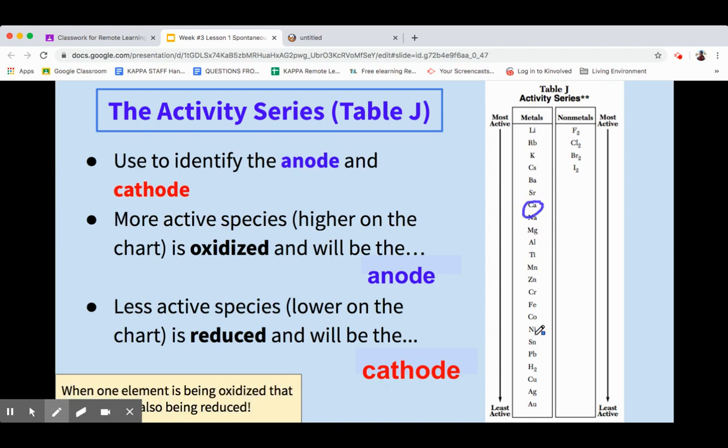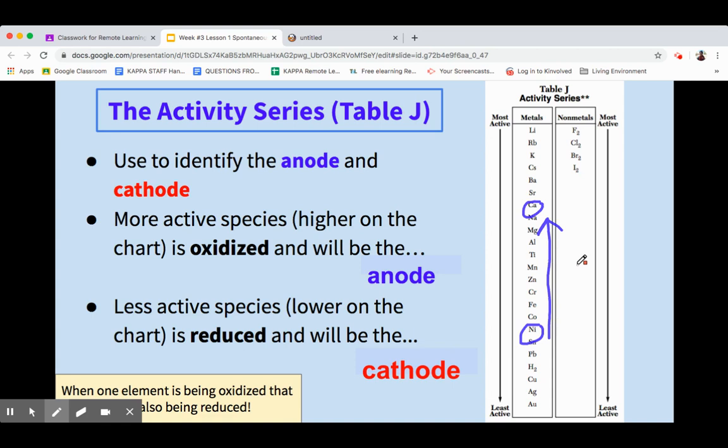Calcium and nickel, let's say I tried to have nickel lose electrons and give electrons to calcium, that would not be spontaneous because that would actually require a lot of energy to happen. Imagine it's like going against the grain.